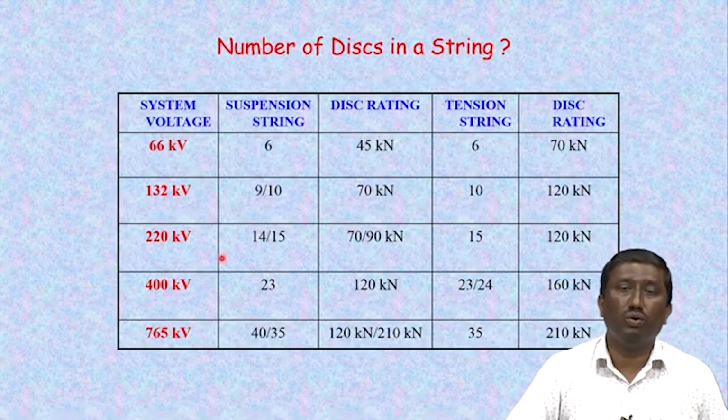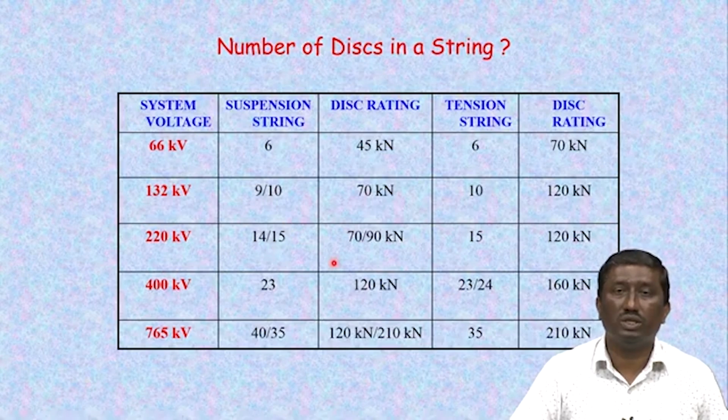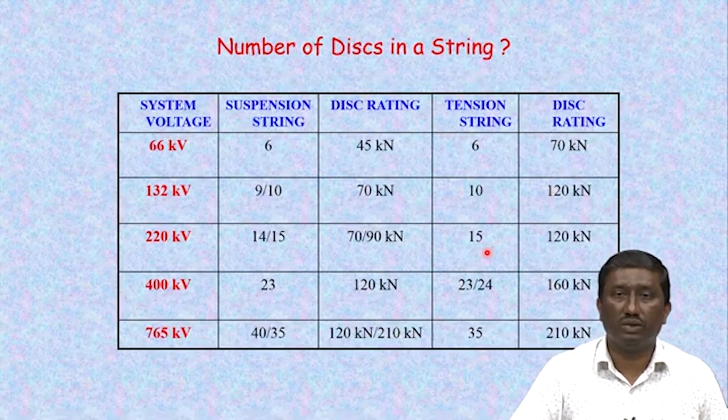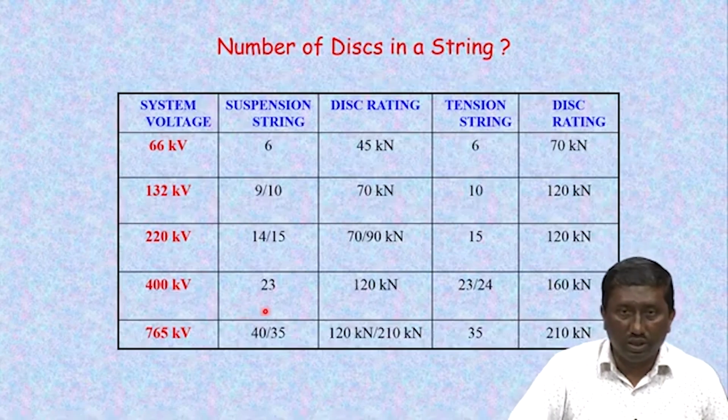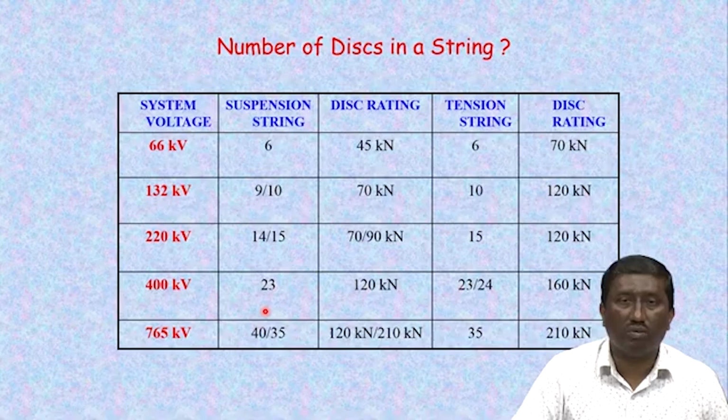For 220 kilovolts, 14 to 15 are employed in case of suspension, and the mechanical strength could be 70 kilonewtons or 90 kilonewtons. For the tension strings for 220 kV, 15 insulators are used with 120 kilonewtons. For 400 kV, anywhere between 23 to 25 are used in case of suspension, depending upon the actual requirement and the area where the insulator string is used.